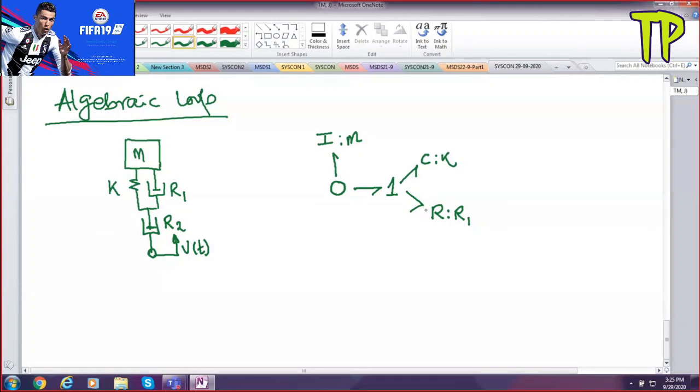These two forces add up, and that is the net resultant force of the spring and damper combination in parallel. The force through the damper R2 is also the same, and the ground is also experiencing the same force reaction. So this is our model.